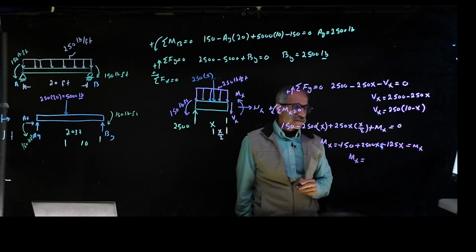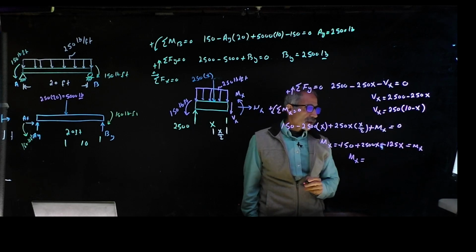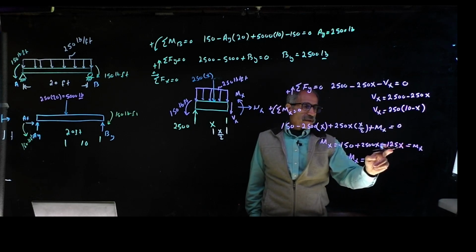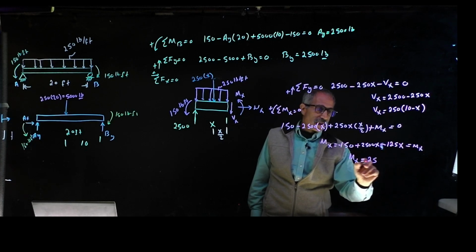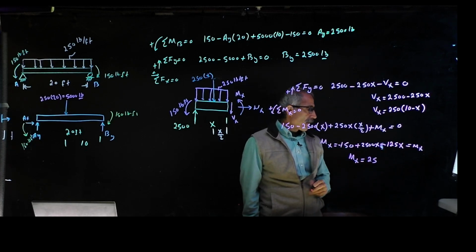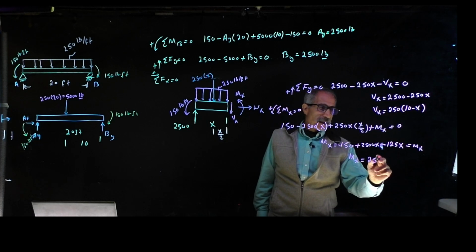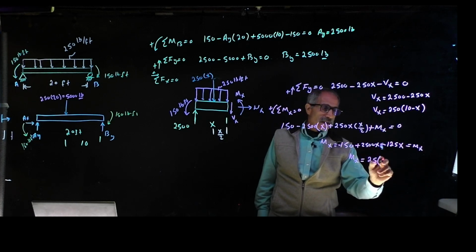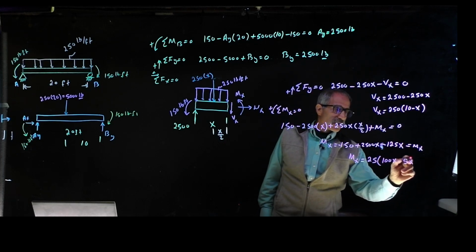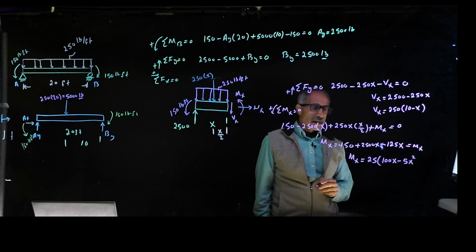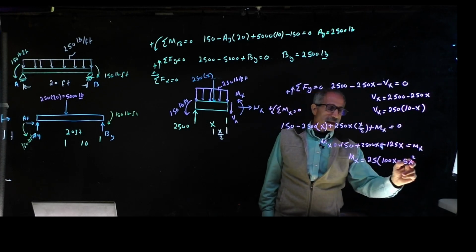Mx is equal to, they all can factor by 25, so I'm taking 25 out, and this becomes 100x minus 5x squared minus 6.